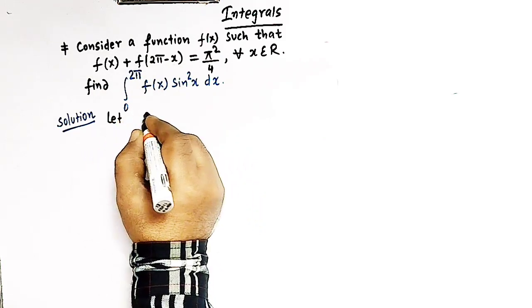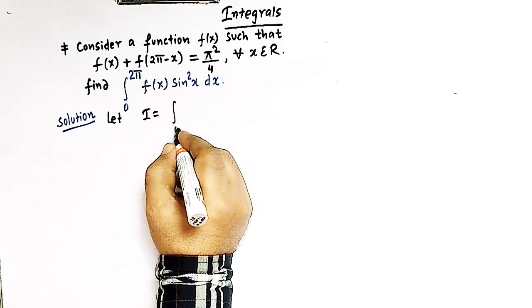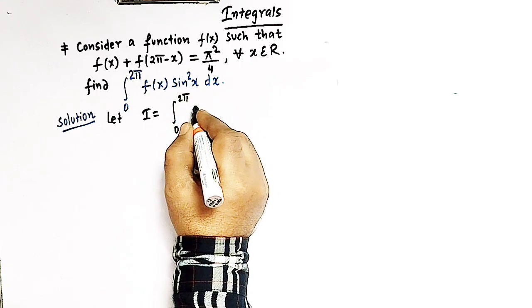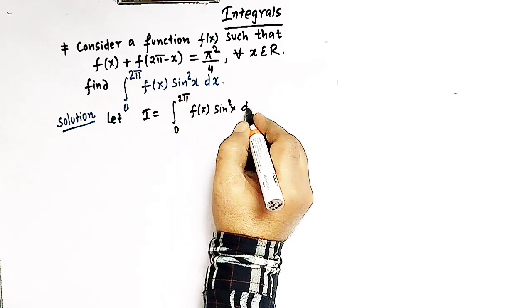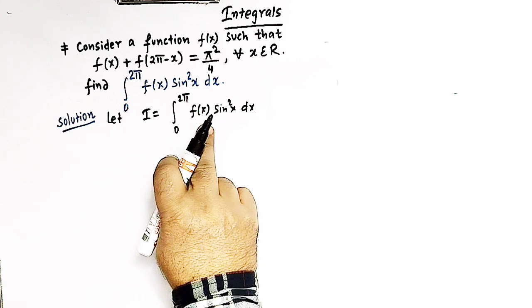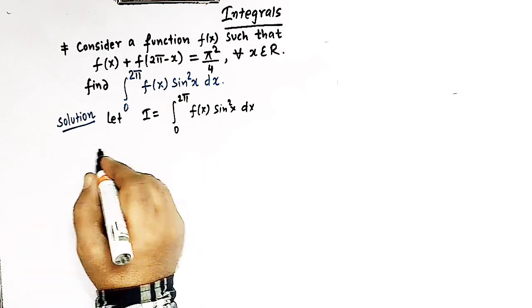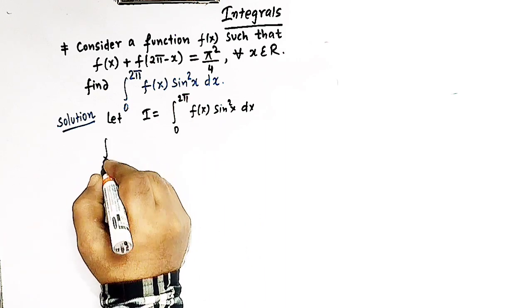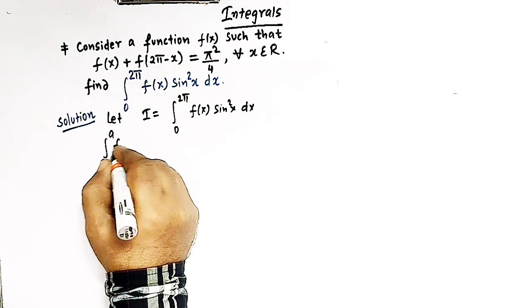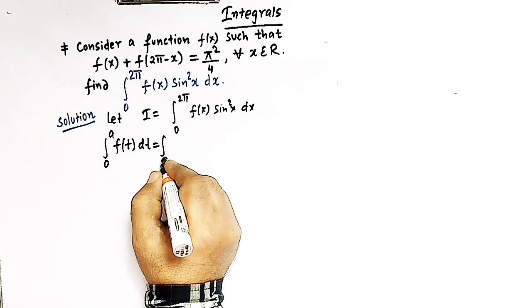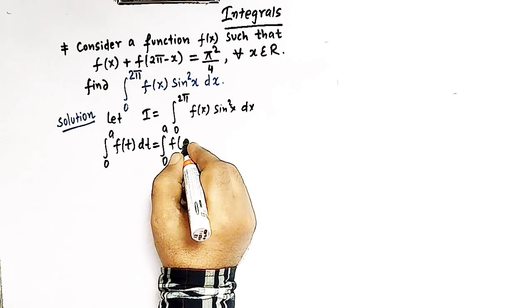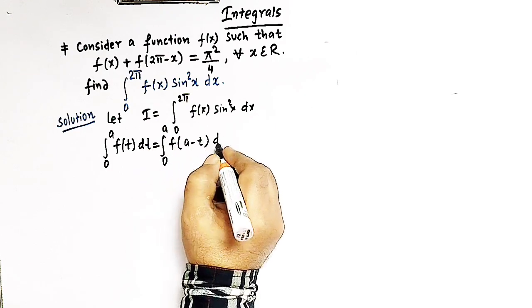So here we'll assume I is equal to the integral from 0 to 2 pi of f of x sine square x dx. Now let us make use of this property of definite integrals: integral 0 to a of f of t dt is equal to integral 0 to a of f of a minus t dt.